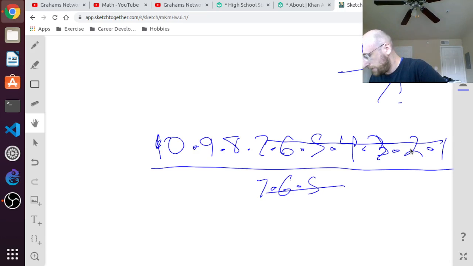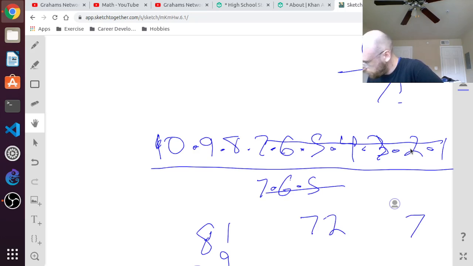9 times 8: 9 times 9 is 81, but we're only going to multiply by 9 eight times instead of nine times, so it's going to be 81 minus 9. 81 minus 10 is 71, but we're subtracting one less value, so the answer is 72. Then 72 times 10 is 720.